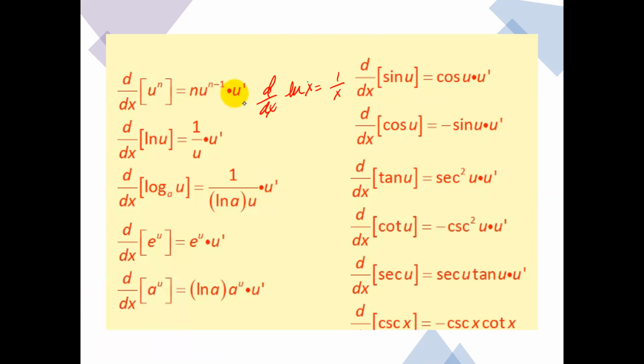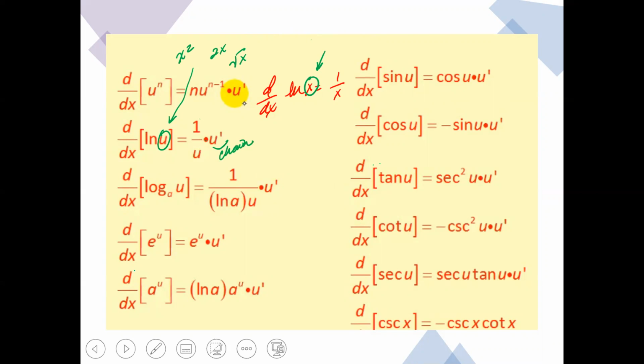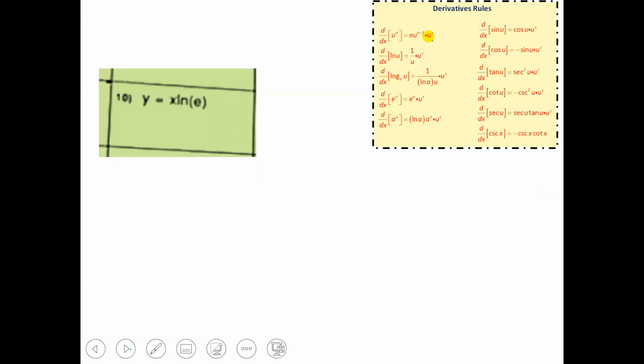However, if it's not an x, and it can be any other thing besides x, let's say, for example, it's u, and u could be like x squared, or it could be 2x, or it could be square root of x. Anything that is not just x, you will have to do 1 over u times u prime. And this right here is where the chain kind of happens. So with that said, let's go ahead and go on to an example.